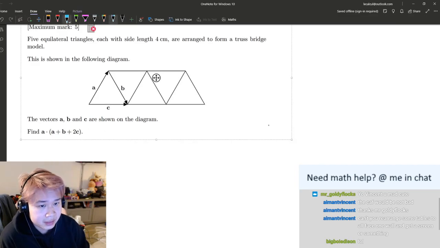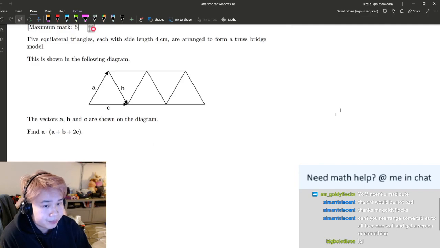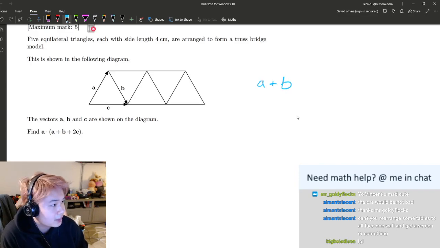So this is actually, I think, a question from a former HL paper that's carried over to here. But we don't actually need too much fancy calculation, and we need to think about this geometrically. You have to think about what A plus B is as a vector.